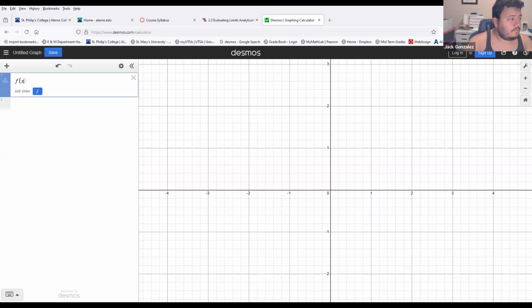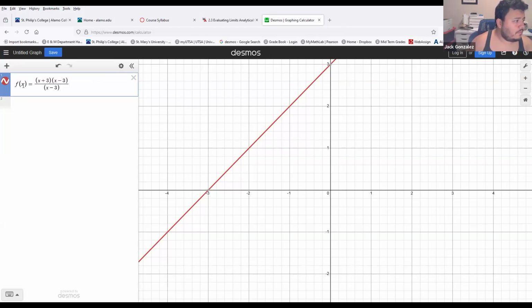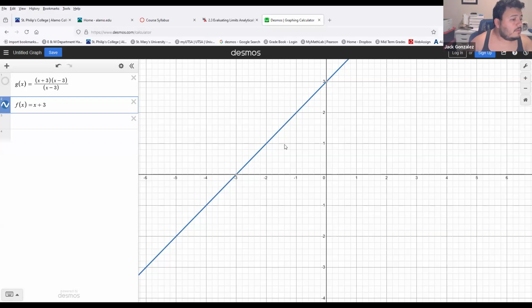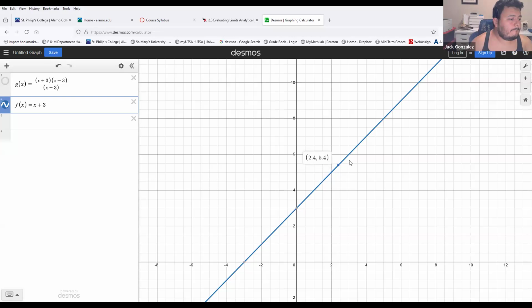For example, I think we called this g earlier. We said f of 3 is 6, correct?